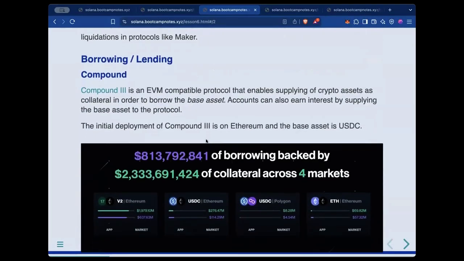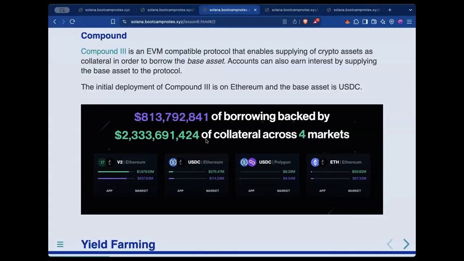Other things that we can do: borrowing and lending. One of the original ones was Compound, but this idea is similar on other chains. I'll talk about some from Solana in a second, but the idea with this is very straightforward.